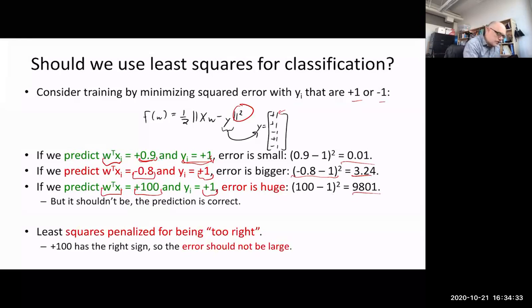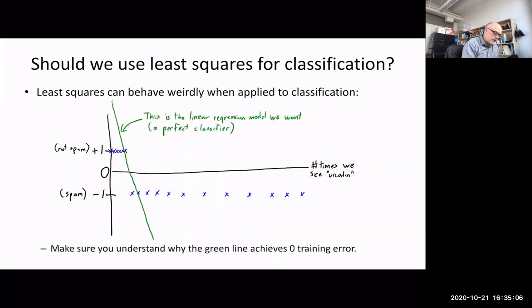So we can't just use the 2 norm squared, because this loss function is going to penalize us for being too right. That's not good. Least squares is penalized for being too right. +100 has the right sign here, so the error should not be large. So what's going on?